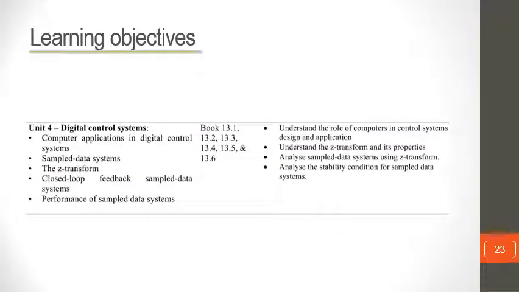So at this point in time, we have familiarized ourselves with computer applications in digital control systems. We have looked at what sample data systems are, and why generally digital control systems are sample data systems. We have looked at what the Z transform is and typical examples of the Z transform of common signals, and the properties of the Z transform itself.